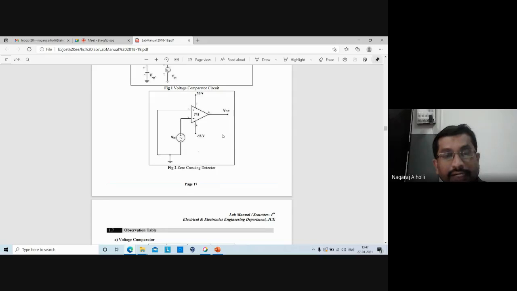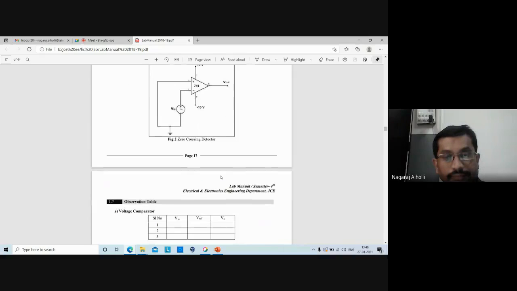Exactly when the input crosses the zero line, the output switches from plus Vsat to minus Vsat, or from minus Vsat to plus Vsat, thus indicating exactly at what point the input signal is crossing the zero line. Clear here? Hence it is called the zero crossing detector.